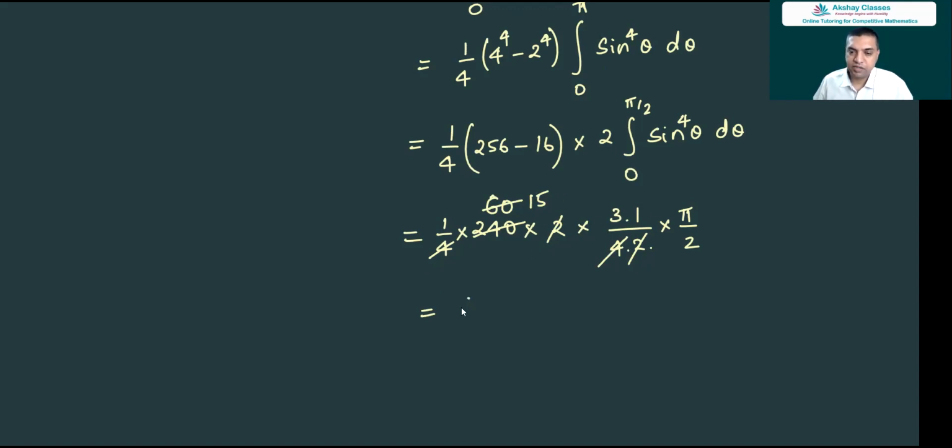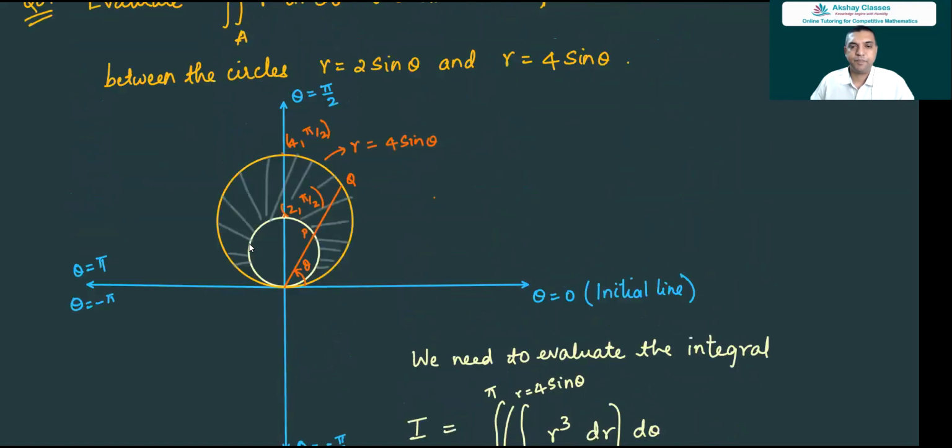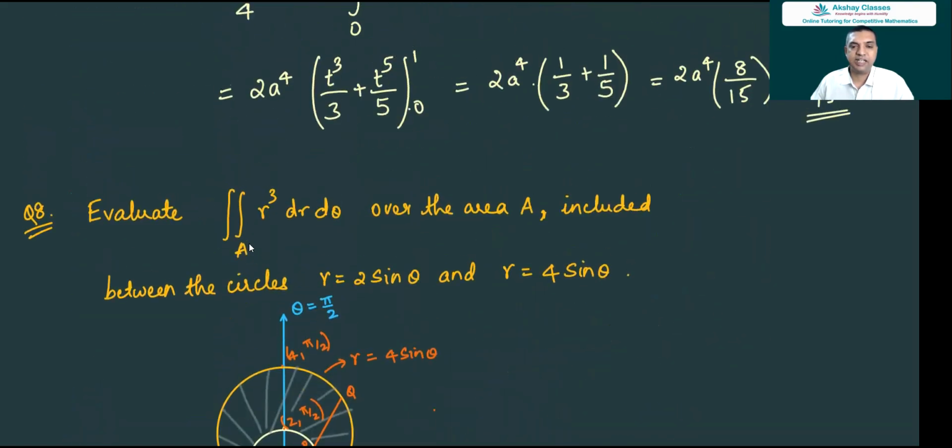So 15 threes 45 pi upon 2. So 22.5 pi. This is the answer. 22.5 pi. Okay. This is how we evaluate this integral.